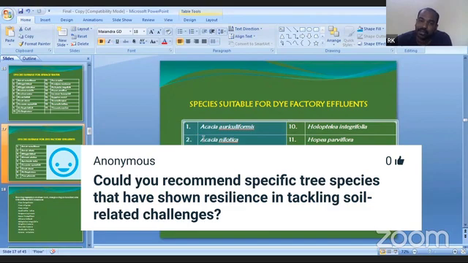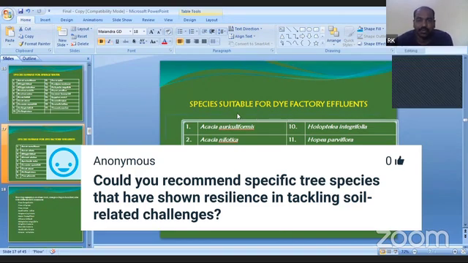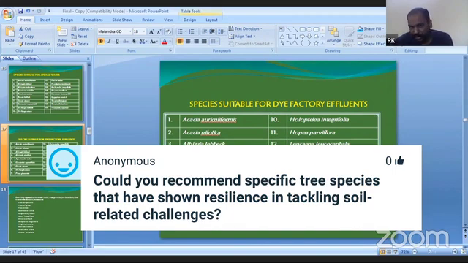I am giving an example: you go for Acacia nilotica, Azadirachta indica, Casuarina, Leucaena leucocephala, Tespesia populnea. Suppose you are in a coastal area, then you go for coastal species like Casuarina, Tespesia populnea. So based on the location of your factory and on the effluent, you select the species. If you have any doubt, contact me personally. I will give you detailed explanations and detailed notes.